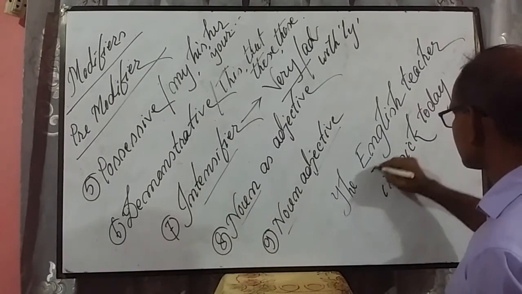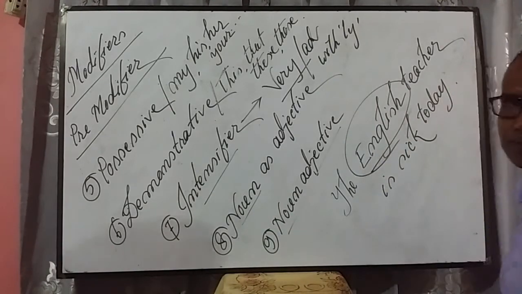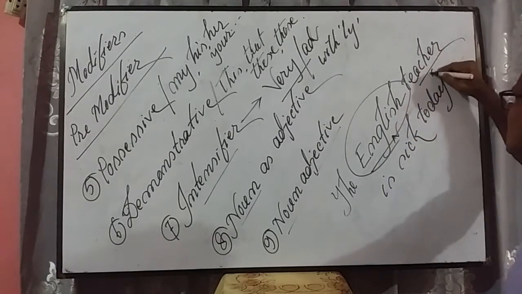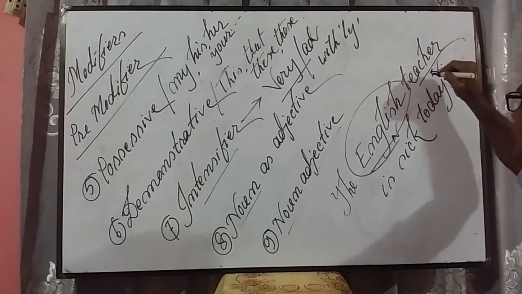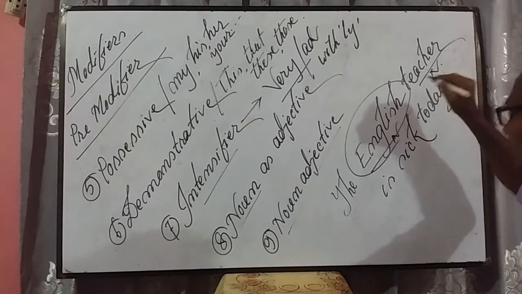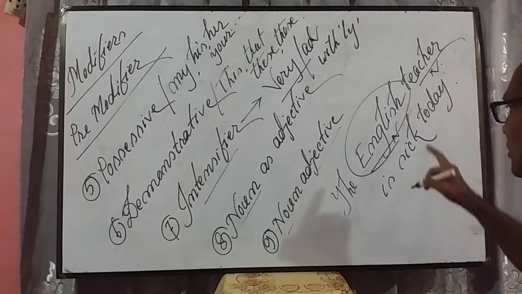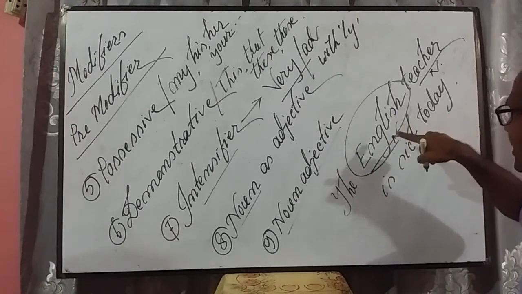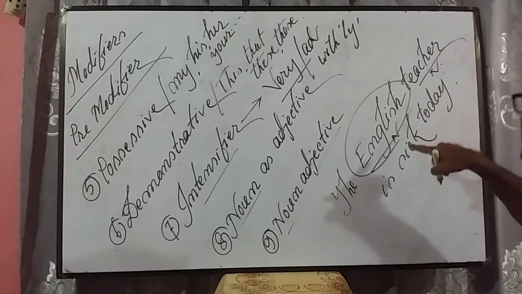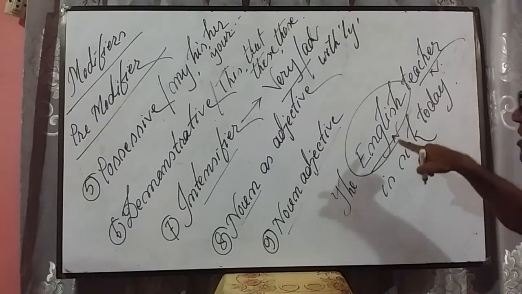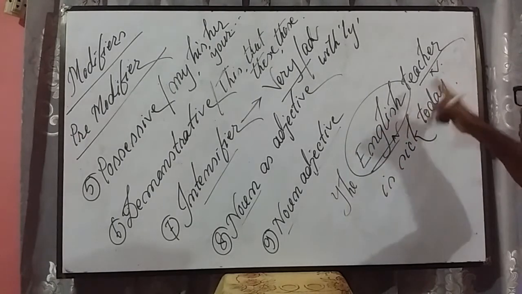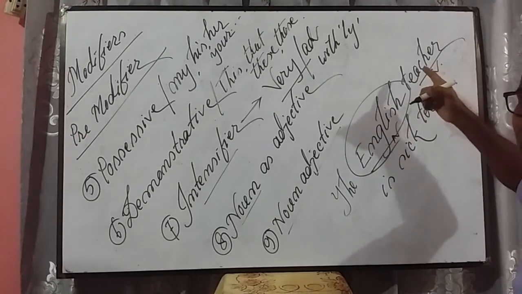Who is the teacher? English teacher. Definitely English is a noun, teacher is a noun, but the noun teacher is being modified with the word English, which is another noun. So here English is giving emphasis, in the sense that it is qualifying or modifying another noun, teacher.